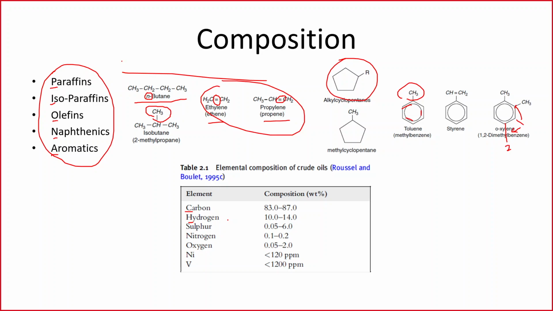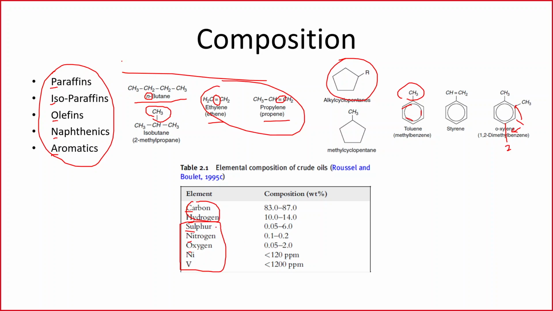That's why this hydrocarbon term comes into the picture. And then we also have sulfur, nitrogen, oxygen, and metals. So these are impurities. We don't want this. What we want is only the hydrocarbon, the carbon and hydrogen, because this hydrocarbon can then become our gasoline, the diesel, fuels, and so on.